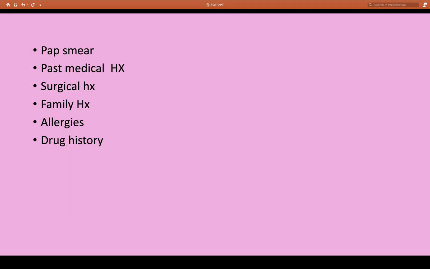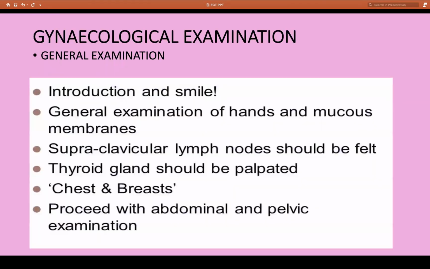Family history, other than medical issues, if she has any ovarian, breast, or colon malignancies in the family, in first degree or second degree relatives. Allergies to medications and drugs, or any food allergies. Then drug history, if she is taking any.